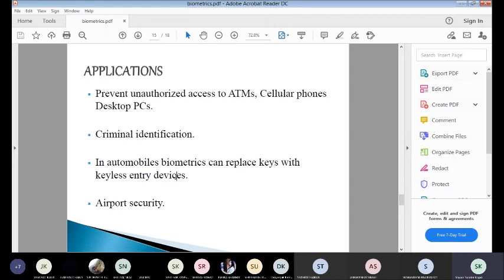Initially, when you buy a new car, if such an option is there, that the car starts by using the thumb, you will definitely register yourself and one or two of your family members as drivers, so that they can start the car in an emergency. This will be the case.